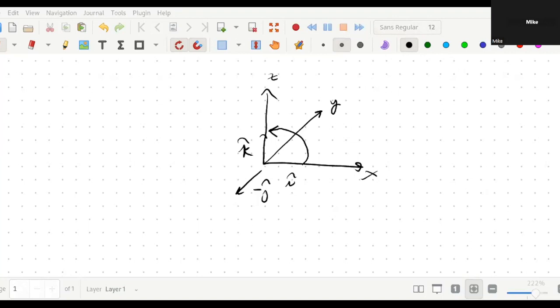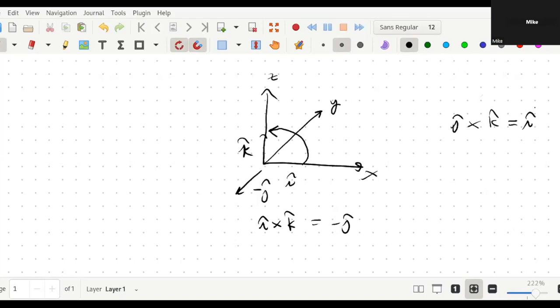Then J cross K gives us, so this is the result. I cross K is minus J. J cross K is I hat. Okay? Okay.